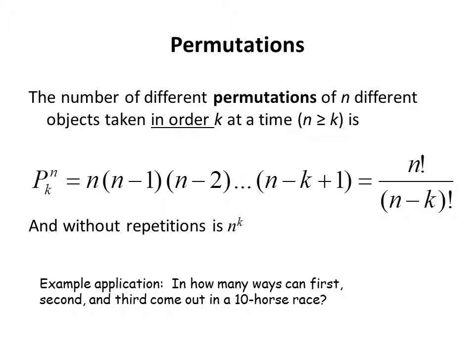So n is 10 and k is 3, and we simply use the formula above and get 10 factorial over 10 minus 3 factorial, which is just equal to 10 times 9 times 8, or 720. So there are 720 permutations of the number of ways that first, second, and third can come out in a 10-horse race.